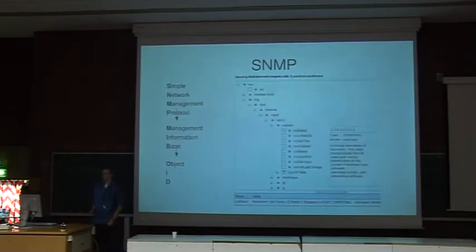SNMP is the most commonly utilized source of information when it comes to topology discovery. It works like this: on the SNMP-enabled device, there's a MIB, which is a hierarchical database with a nameless root, and it stores information about the hardware and software configuration and performance of the device.